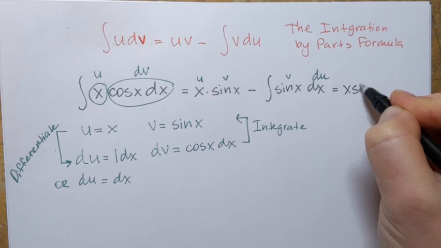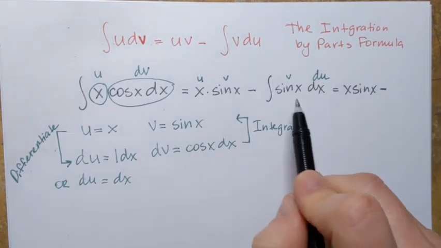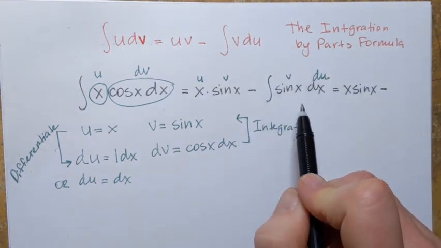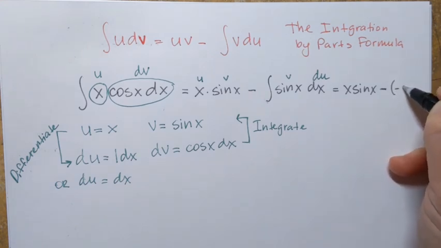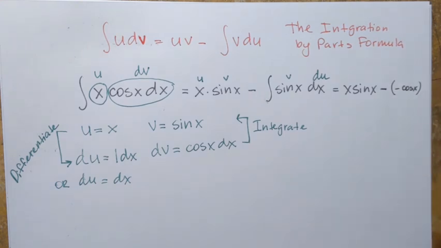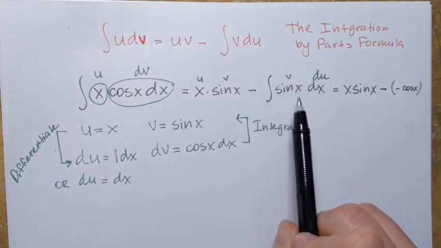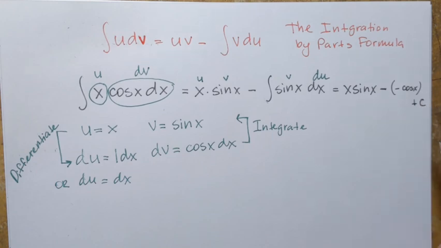x sine of x, that is the product, and then minus. Once again, the integral or antiderivative of sine of x is negative cosine of x. And of course, since I integrated and I have an indefinite integral here, I have to write plus c.